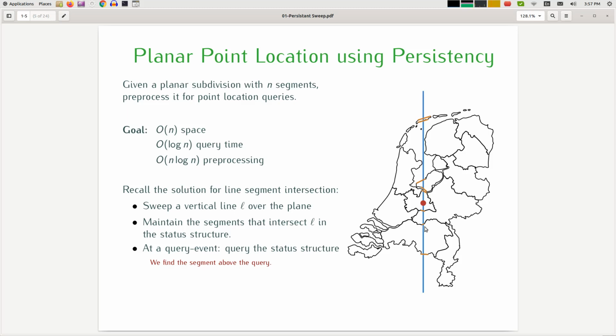If we store each one of those sets in a normal one-dimensional search structure, in total that would take n squared space. The idea that we're going to explore in the remaining videos is that we can remember this structure for later use, but we would remember them cheaply, in a sense that in total, all these n different data structures could use linear space instead of n squared space.